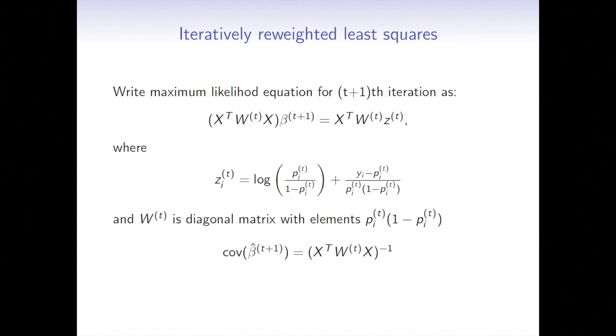And once we have the solution, it's very easy also to calculate the standard errors. And the W matrix here is the weight matrix, which is a diagonal matrix with P times 1 minus P on the diagonal.